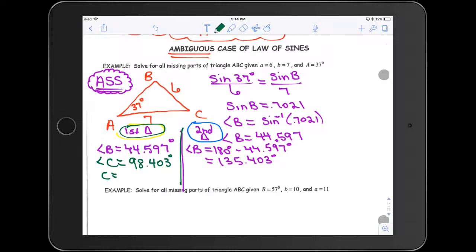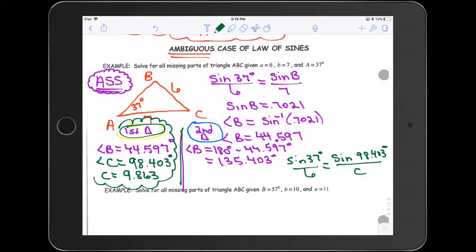Sine of 37 degrees over 6, that's from the original proportion, equals the sine of 98.403 degrees over C. You cross multiply that, solve, and you get a C length of 9.863 units.